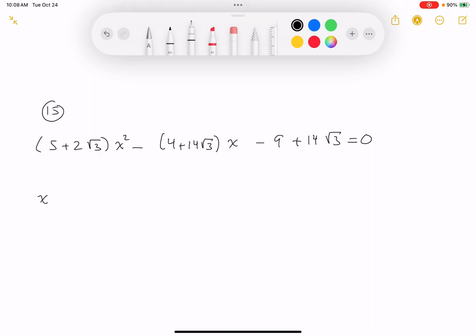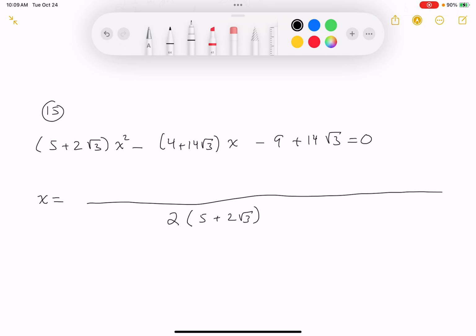So x equals, long fraction bar, twice the coefficient on the square term, and the coefficient is 5 plus 2 root 3.